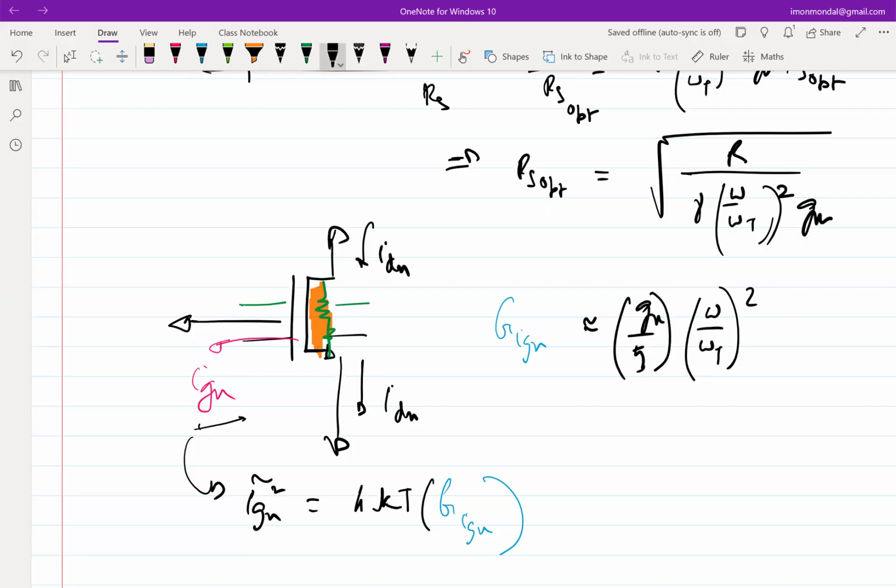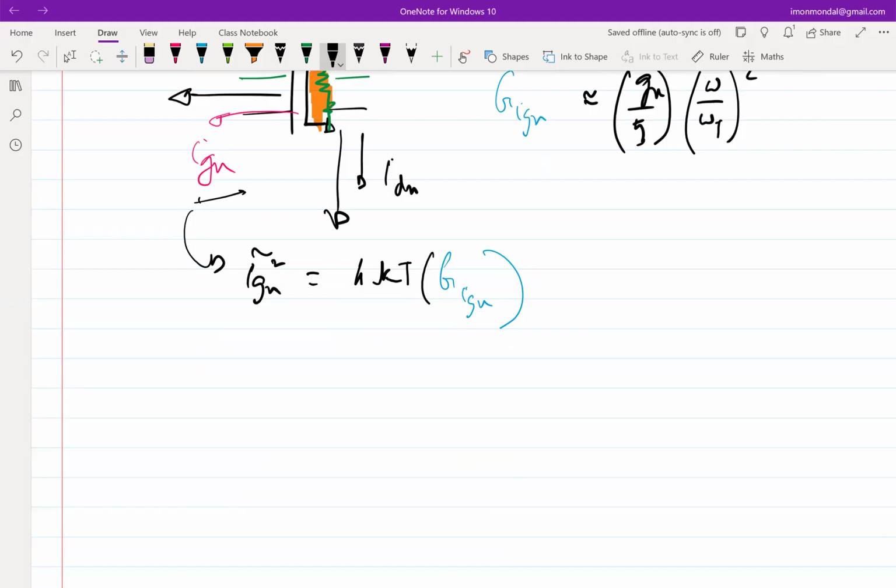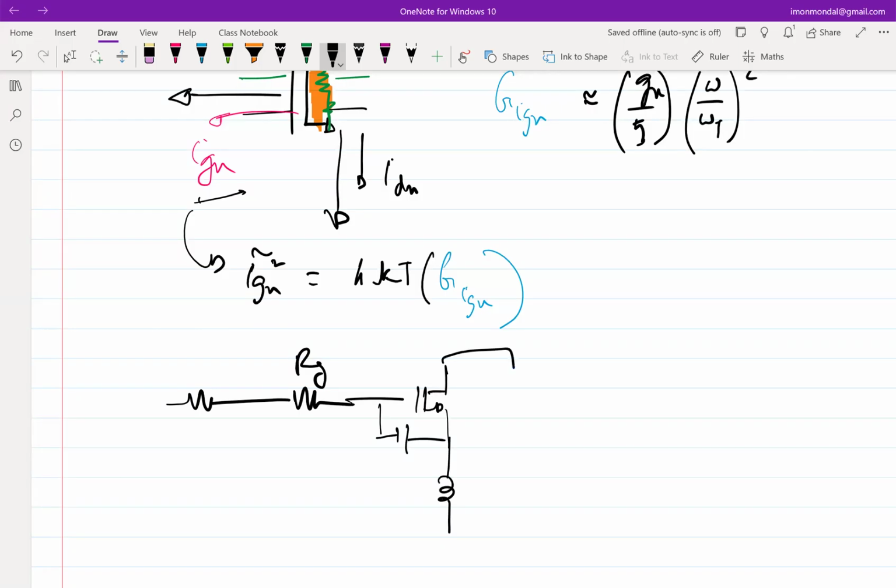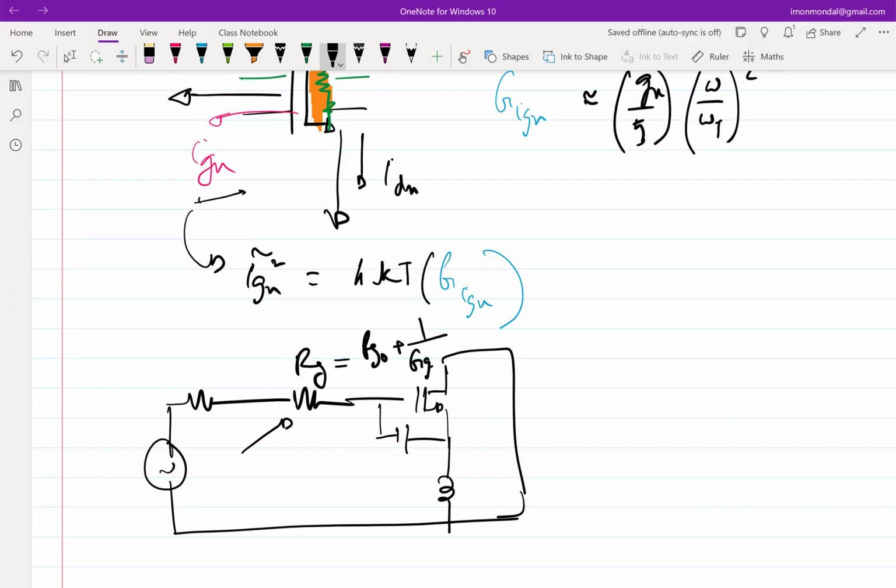So the reason this becomes important is, when I said I have this RG, now this RG not only talks about the resistance associated with the matching network, it can also be thought of as equal to whatever you had, RG naught, plus 1 over GIGN.